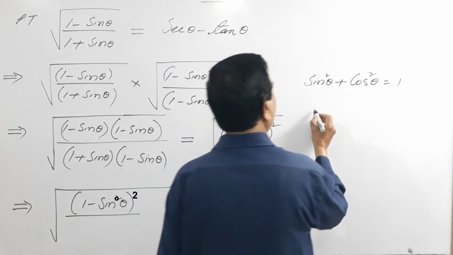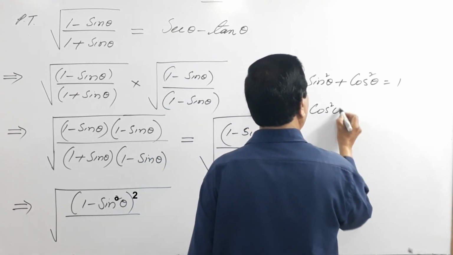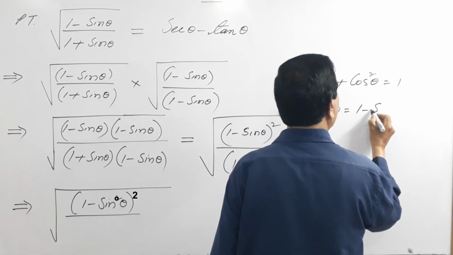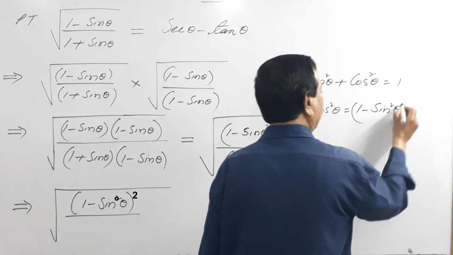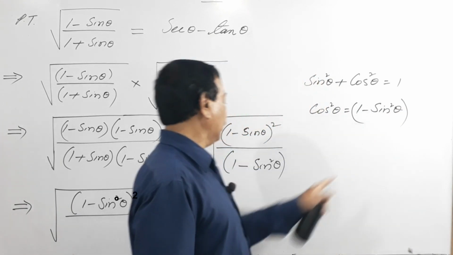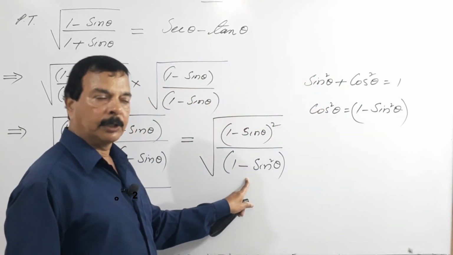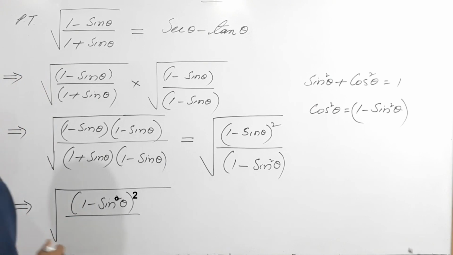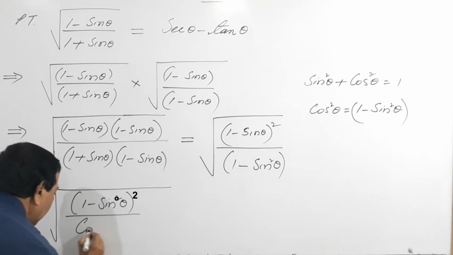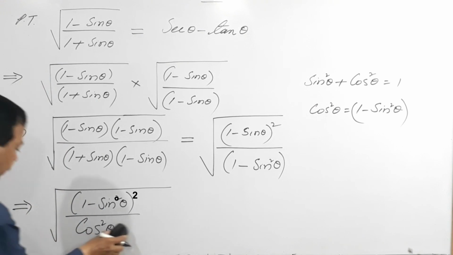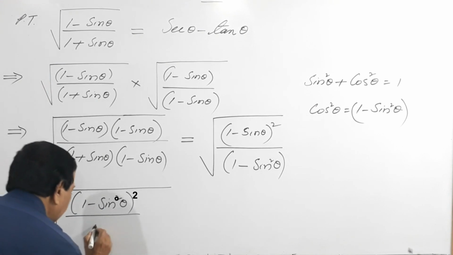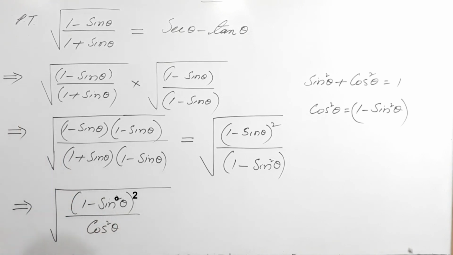So cos square theta equals to 1 minus sin square theta, correct? So 1 minus sin square theta, I'll put cos square theta. I'll bring it in center. Divided by cos square theta.